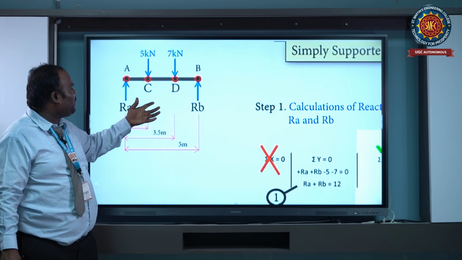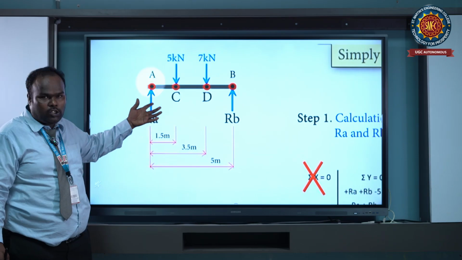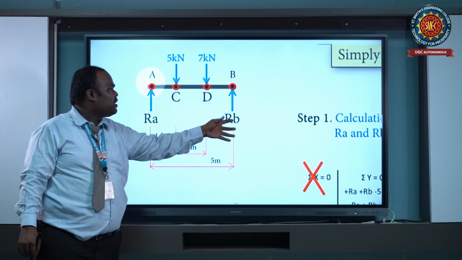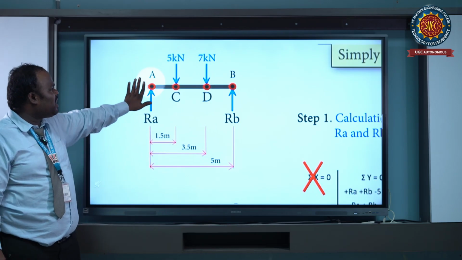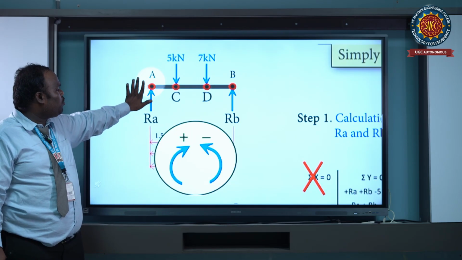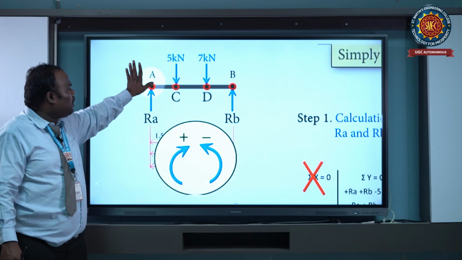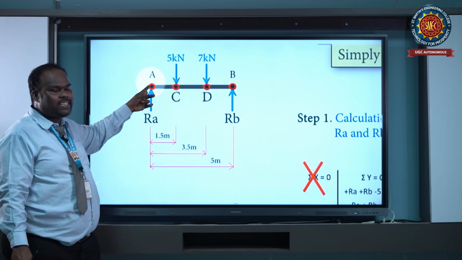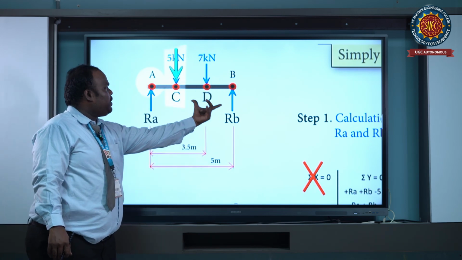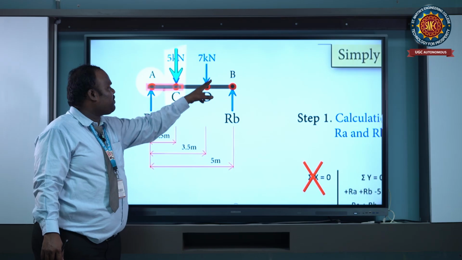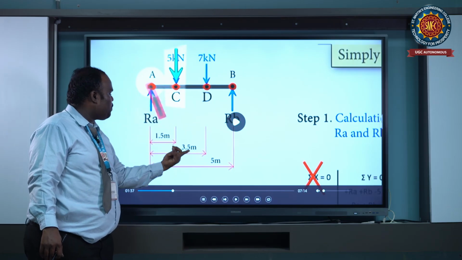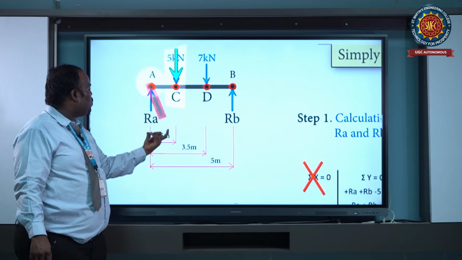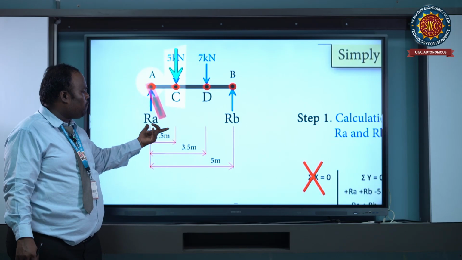Now applying the moment, sigma MA equals 0, the moment at point A equals 0. All the forces from A give 0. Then RB into B to A distance, which is 5 meter, RB into 5 minus 7 into D to A distance, which is 3.5, and the next point load is 5 into C to A distance, which is 1.5.